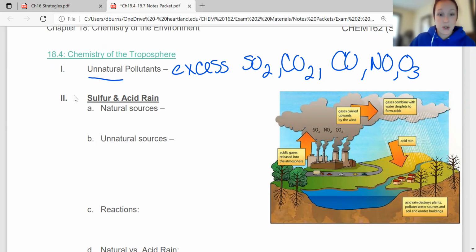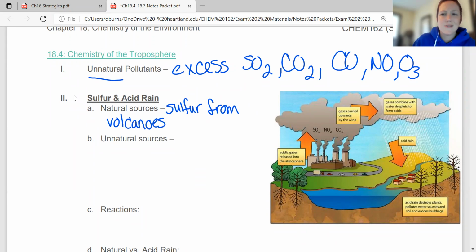The natural sources of acid rain are sulfur from volcanoes. You might think volcanoes don't erupt all that often, but when they do, they release a lot of sulfur into the troposphere. That's where a lot of natural sulfur and sulfuric acid comes from. It can also come from forest fires.